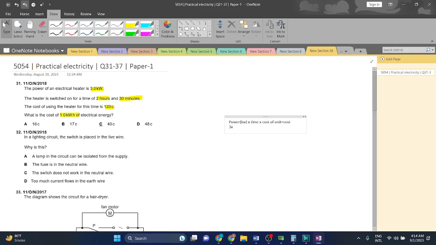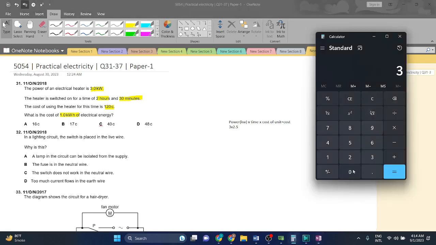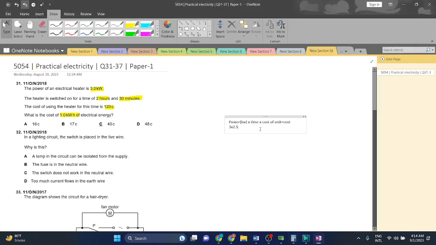The time it has been used for is 2.5 hours, because 2 hours and 30 minutes, if you convert that into decimal, you will get 2.5. If we divide 30 by 60, we'll get 0.5, and we have 2 whole hours and 0.5 hour. That means we will get 2.5 hours.